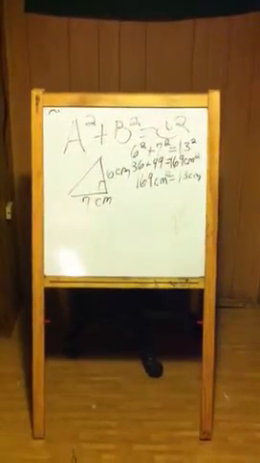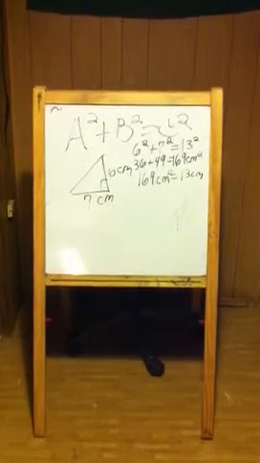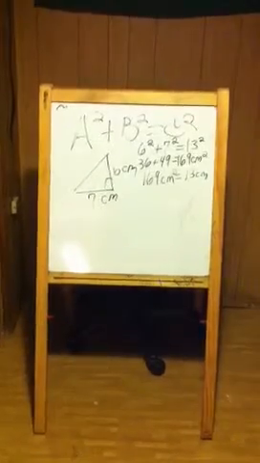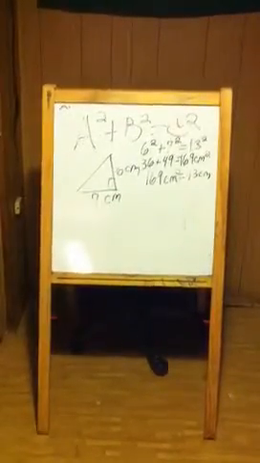Example 4 gives leg a as being 2 centimeters and leg b as 7 centimeters. Who wants to go to the board and find the hypotenuse for example number 4?